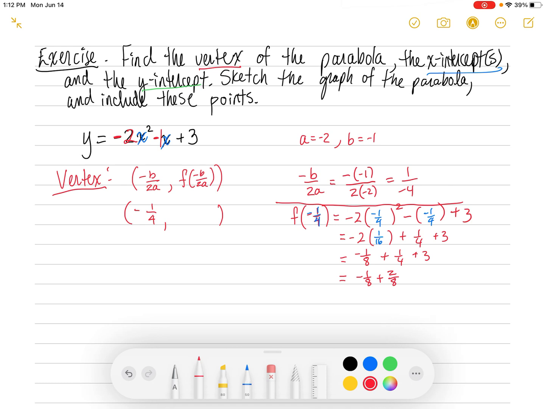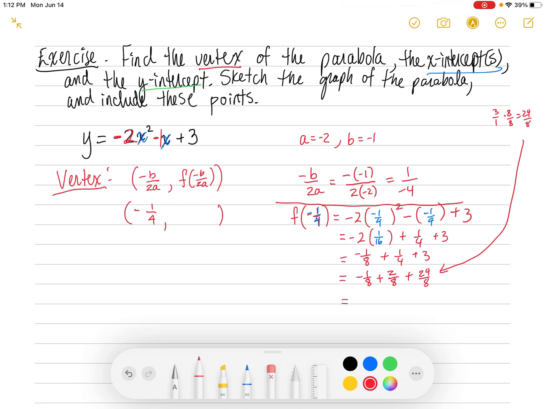You're going to have minus 1/8. So 1/4 is the same thing as 2/8. You multiply the top by 2, the bottom by 2, you get 2/8. And 3, imagine this is 3/1. 3/1 is the same thing as 24/8, where you multiply the top by 8, the bottom by 8.